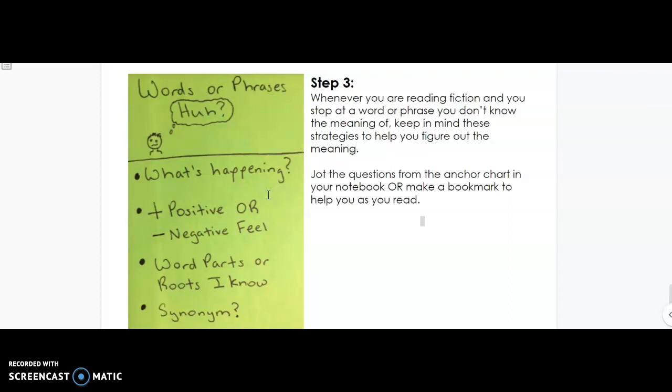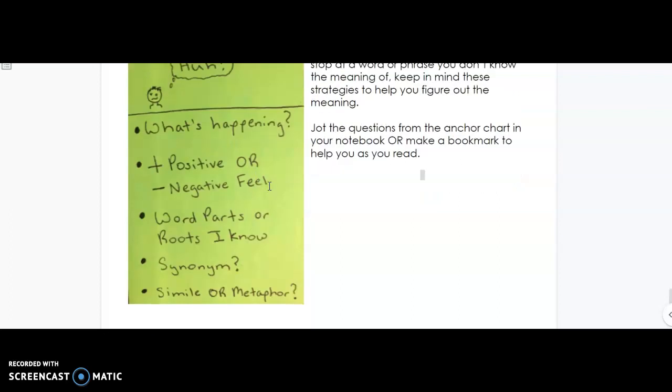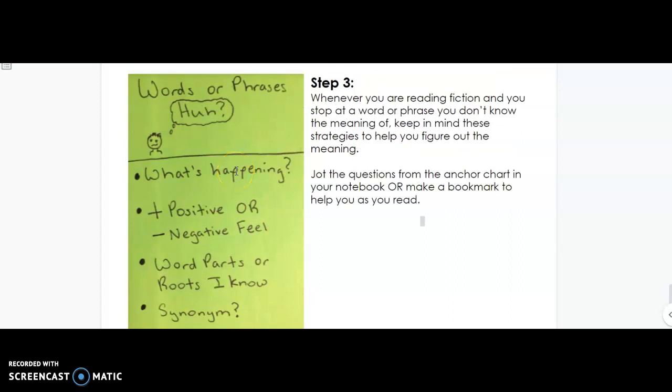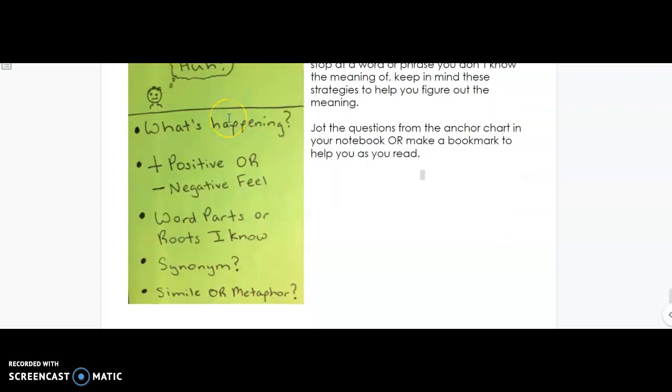You just stop. This is what good readers do. And you keep in mind those strategies. As we're learning this strategy, you can do what I did, put it on a sticky note and keep it inside your book, or if you have your reading journal with you, jot these down so you can be thinking about it.